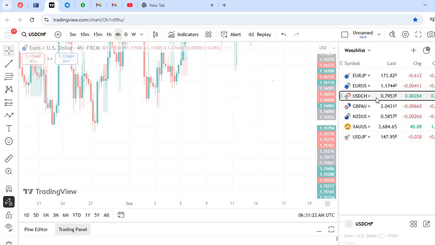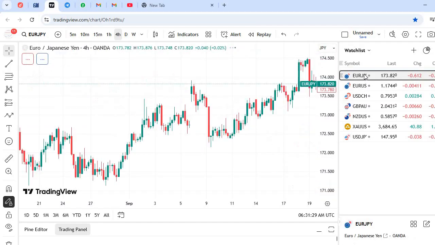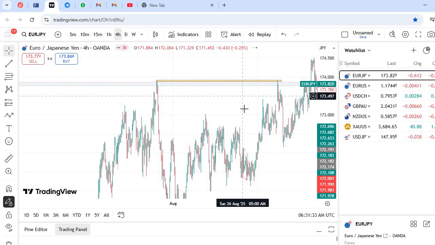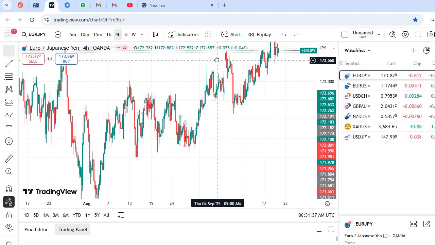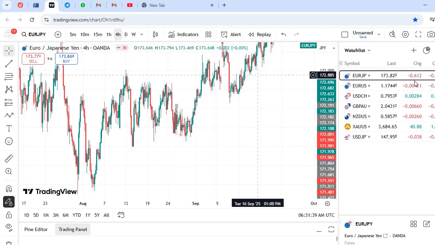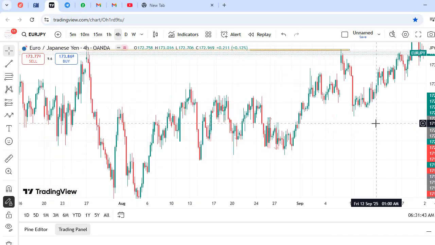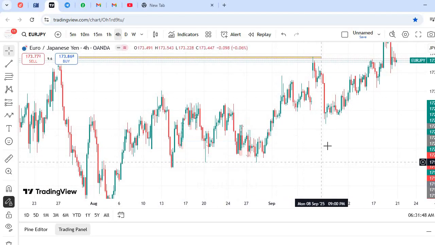So that I can use that to portray what I'm trying to say. So we're on the 4-hour time frame. Alright, this is AUDJPY.